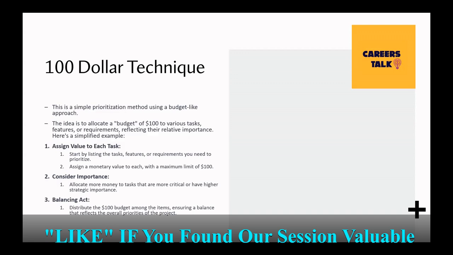The third one in the list is the $100 technique. It's fairly straightforward, a very simple prioritization method, just like a budget approach. The idea is to allocate a budget of, let's say, $100 to various tasks, features or requirements in terms of their importance. Let's say there are 5 tasks.